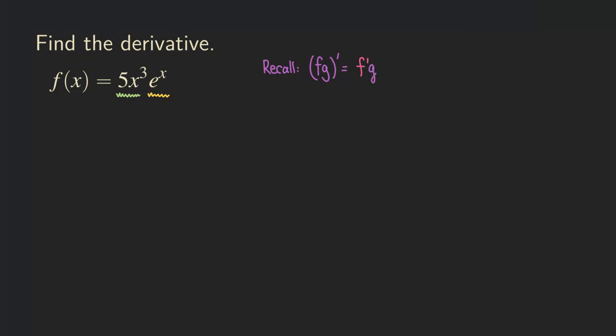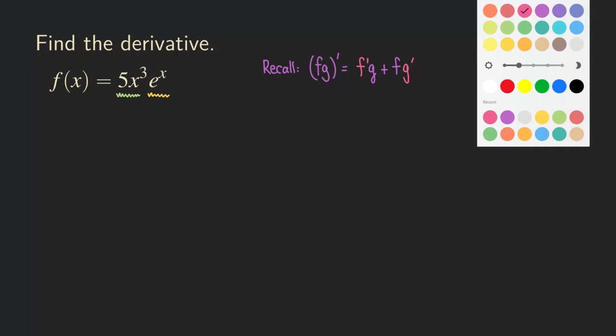So it's f prime times g. You take the derivative of the f and then you multiply by the g, and you do not do anything to the g, you're just copying. And then plus, now you copy down the first function, which is the f, and then you take the derivative of the second function, which is the g. So we get g prime right here. Okay, so that's our product rule.